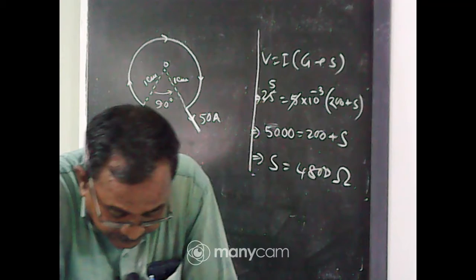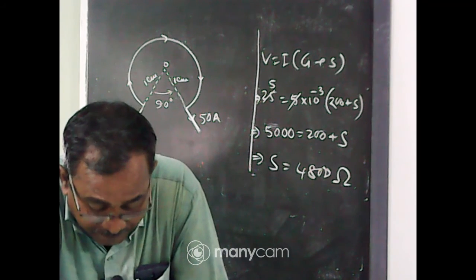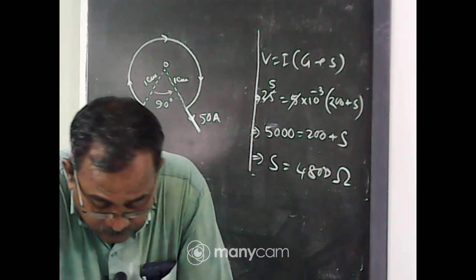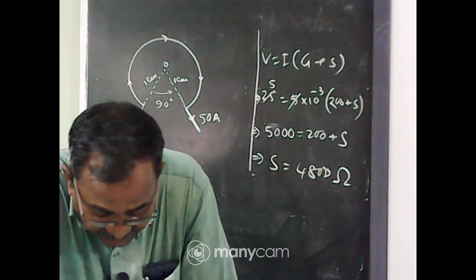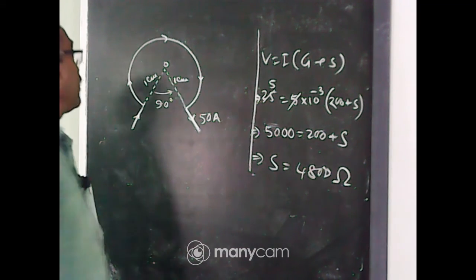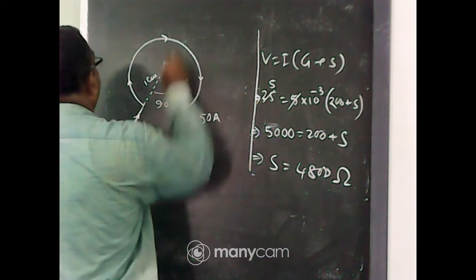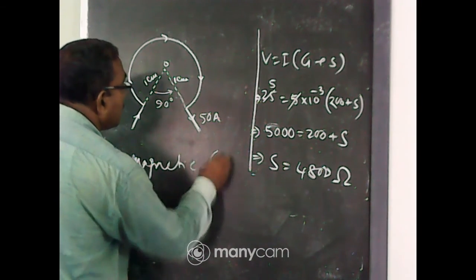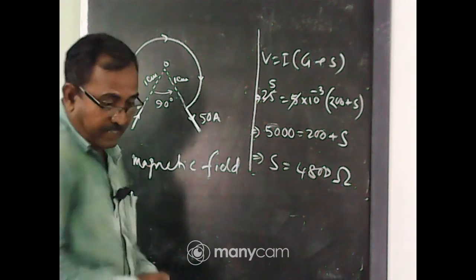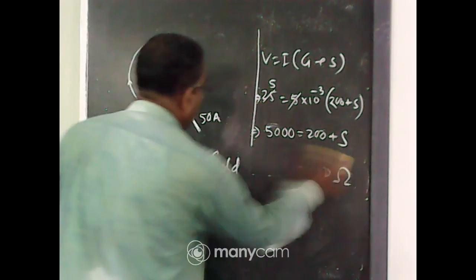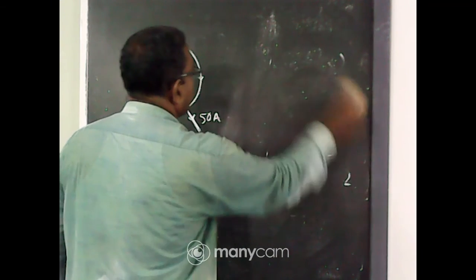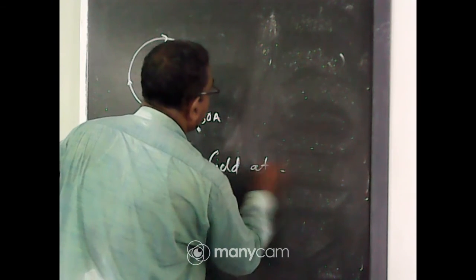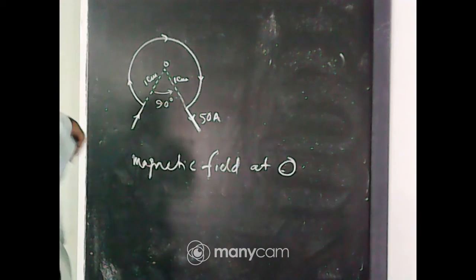The question is this: if a current of 50 ampere flows in a wire shown in the figure, find the magnetic field at the point O, at the center.